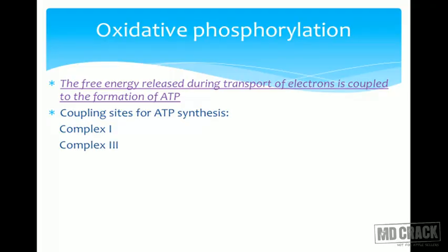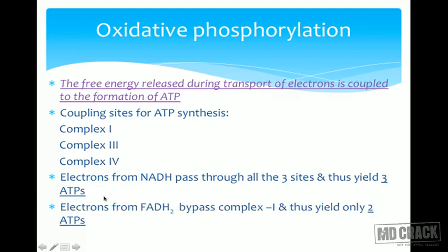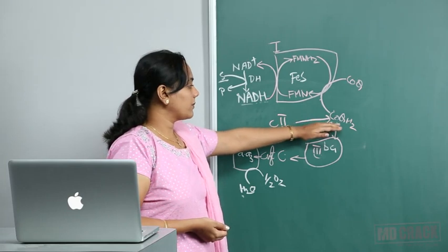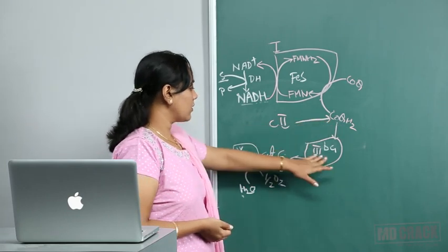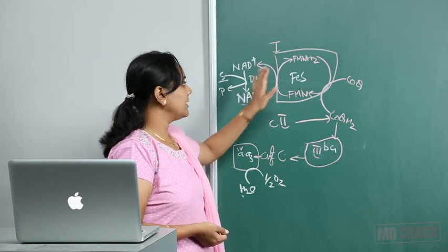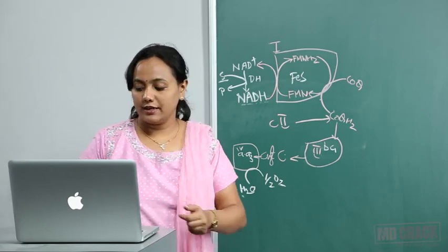So electrons from NADH pass through all the 3 sites and thus yield 3 ATPs, whereas electrons from FADH2 bypass complex 1 and thus yield only 2 ATPs. From complex 2, FADH2 goes only through complex 3 and complex 4, hence 2 ATPs. Whereas from NADH it goes through all the 3 coupling sites, hence we get 3 ATPs.